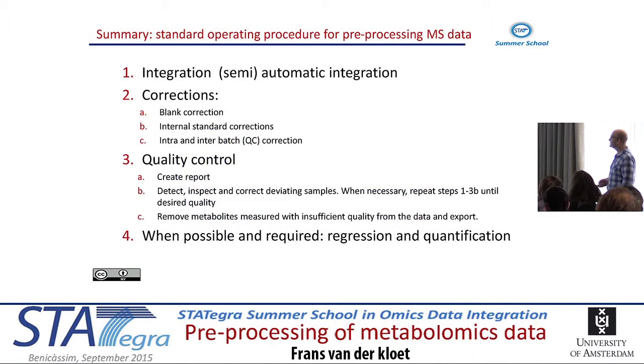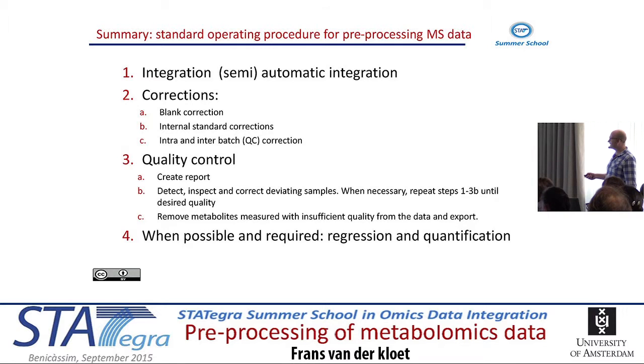So, in summary, for pre-processing mass spectrometry data for metabolomics, we have the integration, some semi-automatic integration. We have some corrections: a blank correction, internal standard correction, and intra- and inter-batch correction. Then we can create a quality control report based on what I did here.